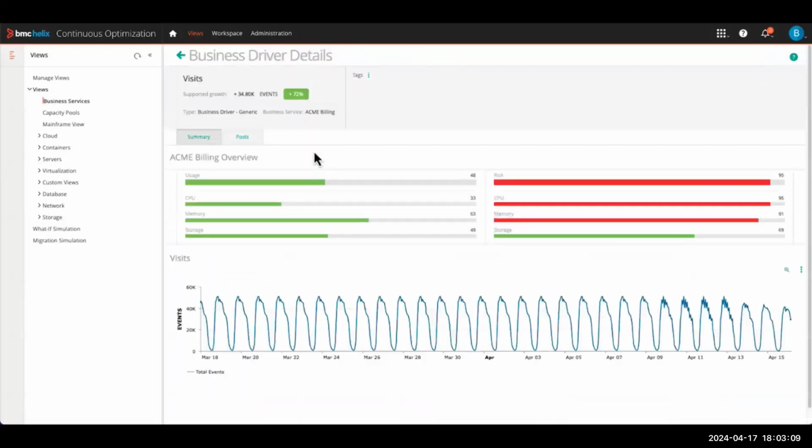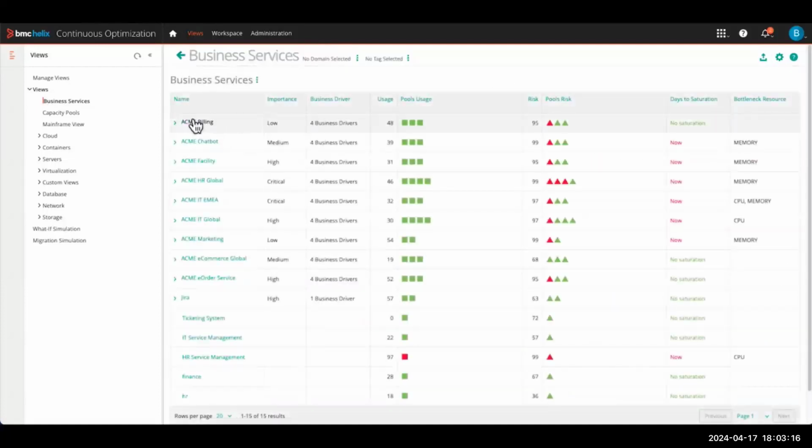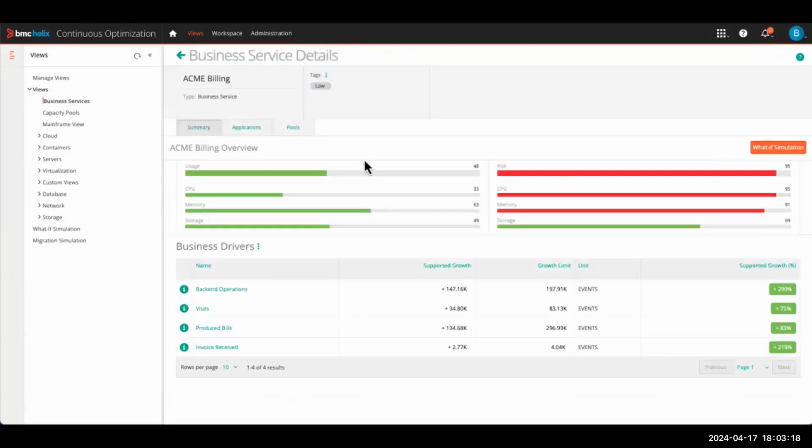So I can go in and I can see what my patterns are, and I can go into the business service and run a what if simulation. So this is my business service. It shows me my risk, my usage, and I can run a simulation.